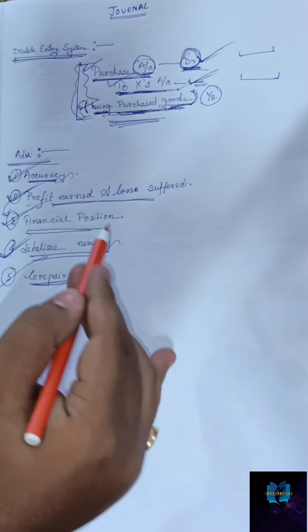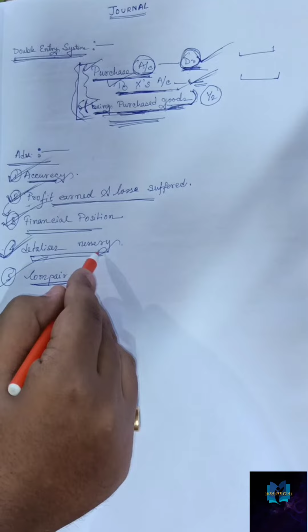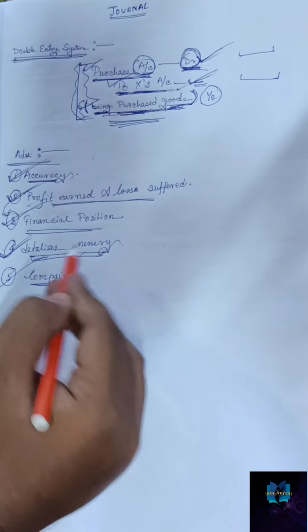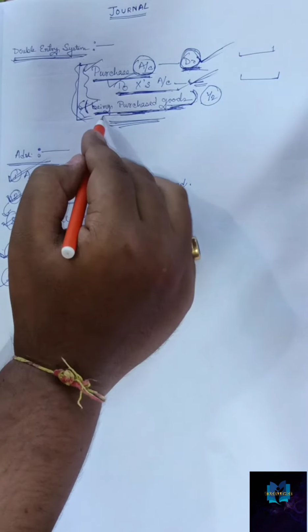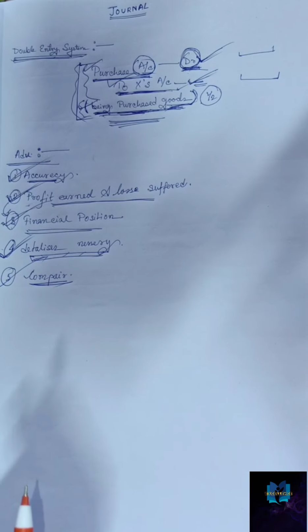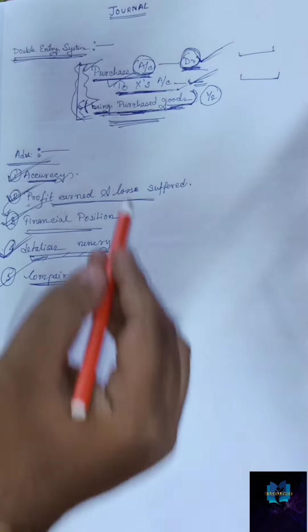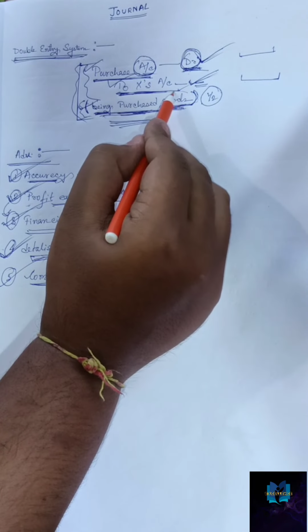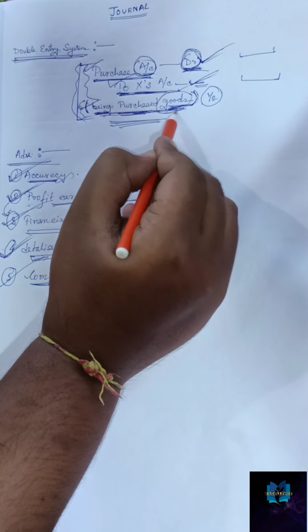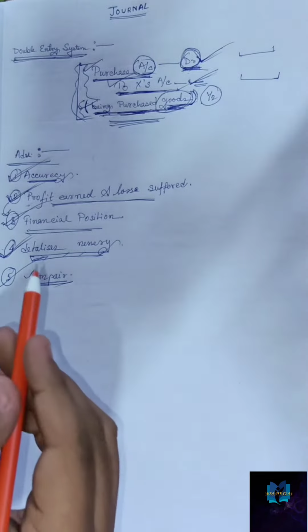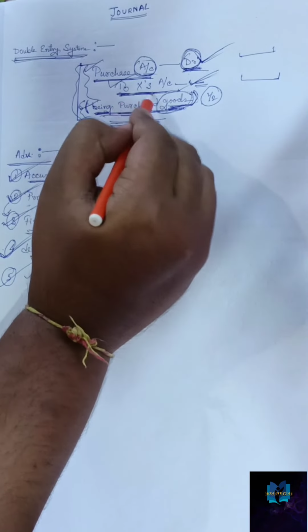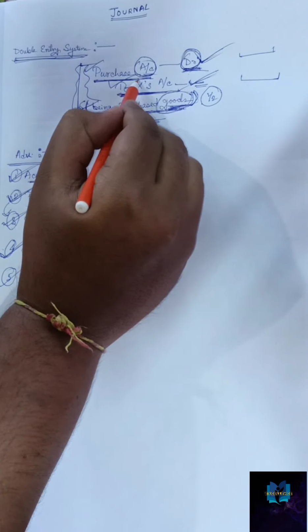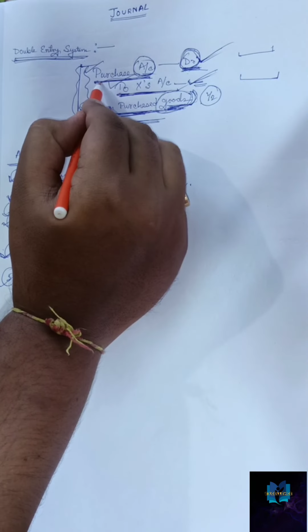Number 4, detail necessary. The detail necessary is the narration. Narration gives us the detail of the journal. This word goods gives us the information that X is purchasing goods, so we are writing here purchase account debit.